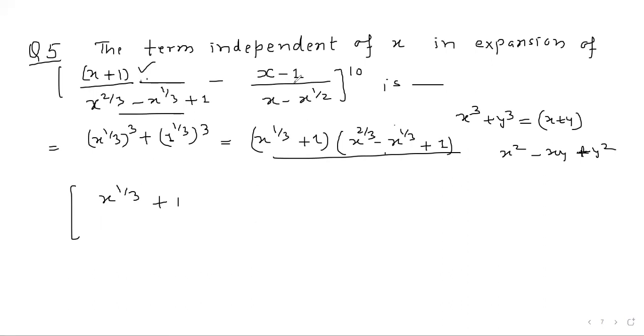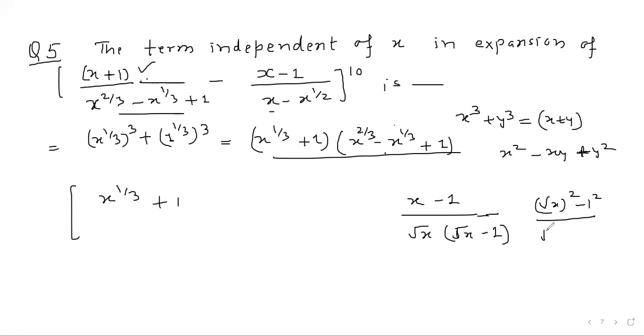Now consider the second term also. Here we have x minus 1 divided by root x, and we can take root x common. So root x common, then root x minus 1. And then here we can write it as root x whole square minus 1 square, divided by the denominator, which will remain the same, root x into root x minus 1.